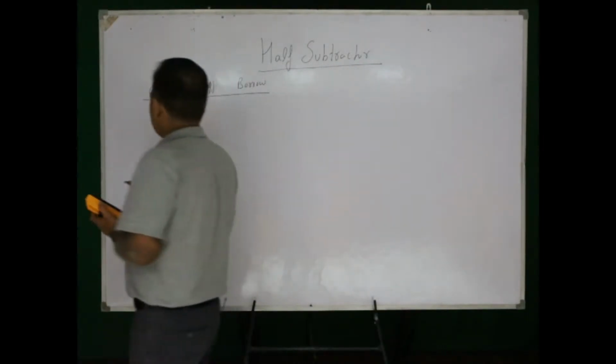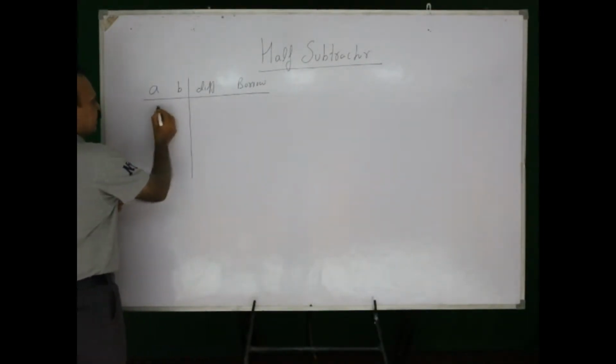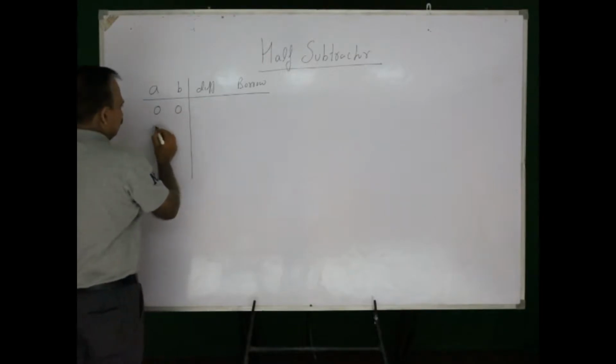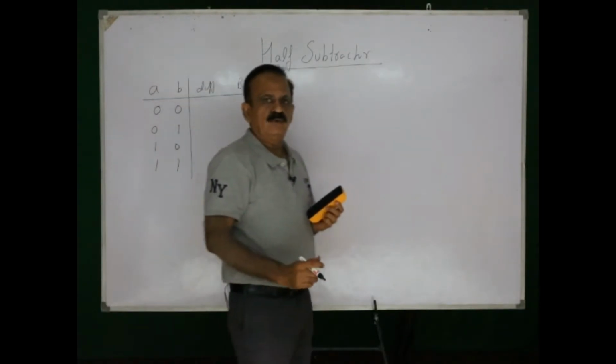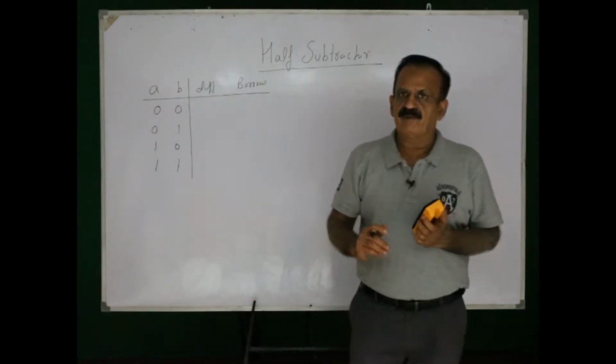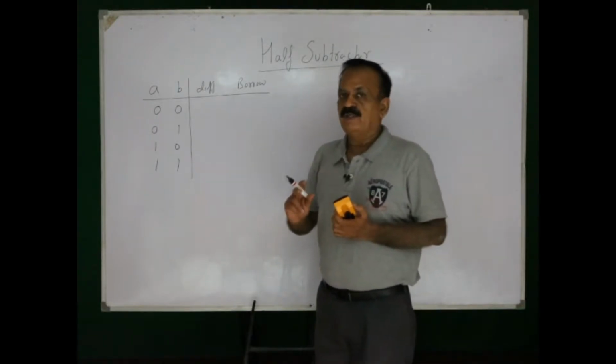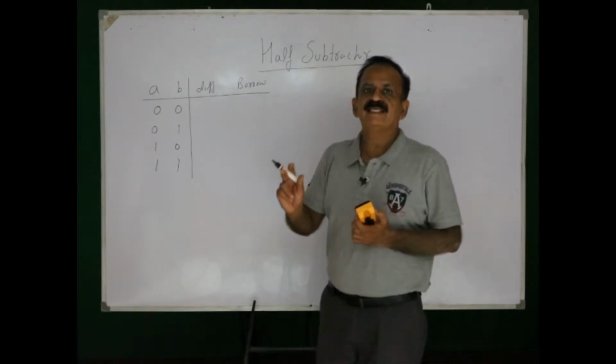The 4 possible combinations with 2 inputs will be 0 0, 0 1, 1 0 and 1 1, and we are performing A minus B.